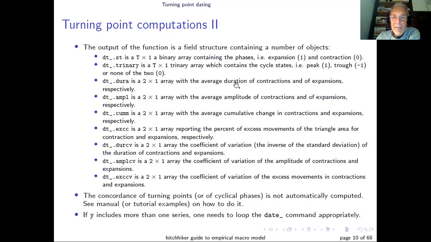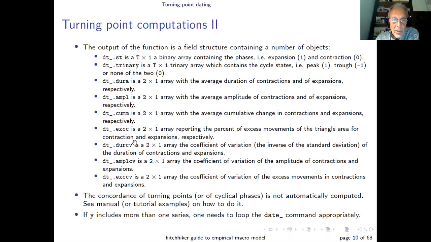Dura contains the average duration of contraction and expansion. Ampl contains the average amplitude. Cumulative contains the average cumulative change in contraction and expansion. And excess contains the excess, which is basically the triangular area between the peak and the trough.